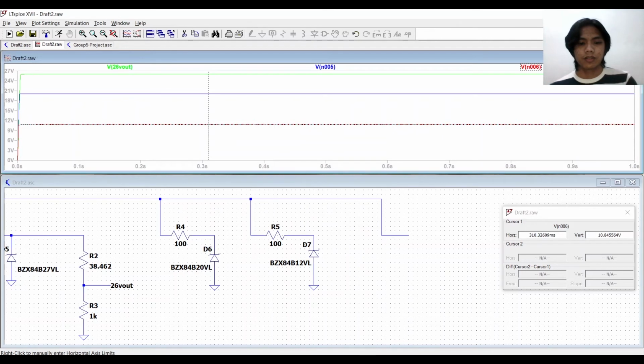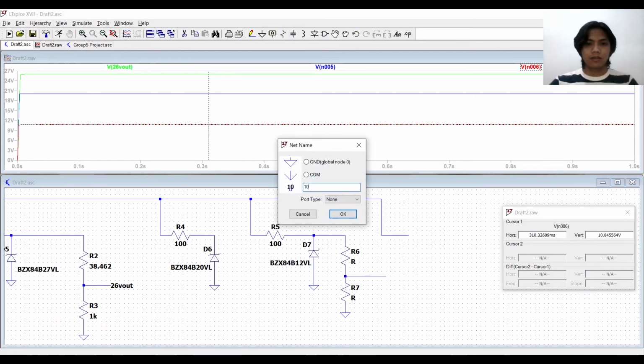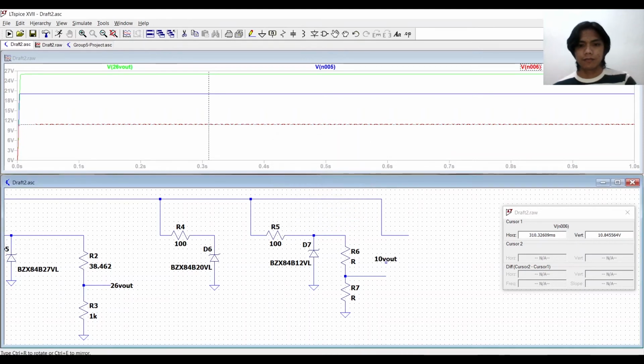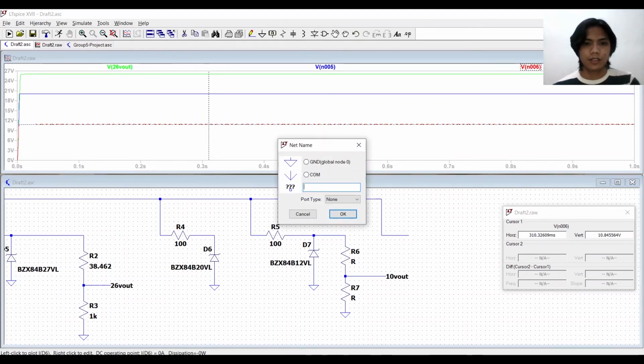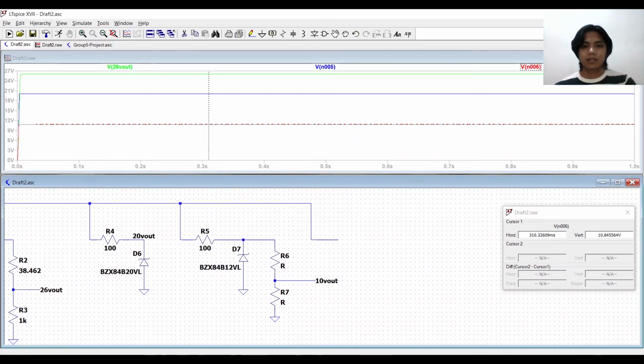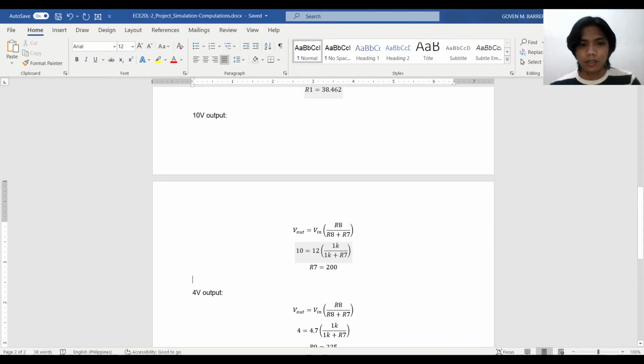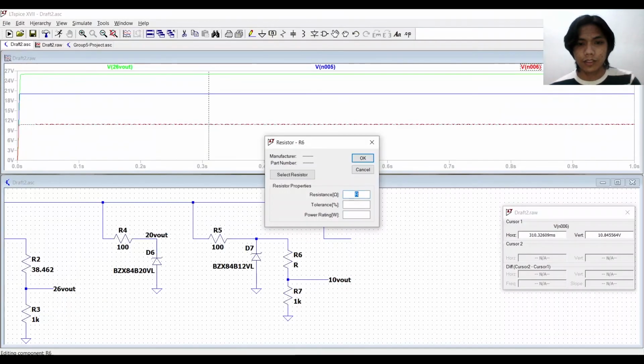So we have to reduce that again by making use of the voltage divider circuit. This is 20 V out. So again, we have already computed this. The resistor for this one should be 200.